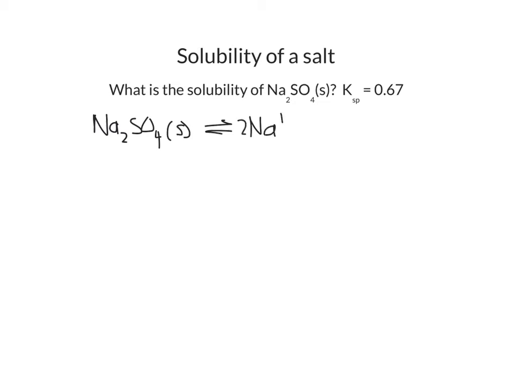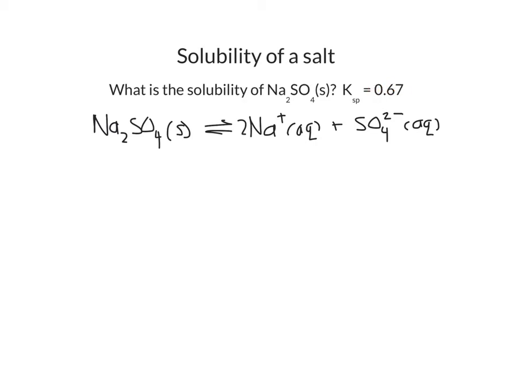So we're going to make 2 sodium plus ions plus a sulfate 2 minus ion in solution. And we know the equilibrium constant for that reaction is 0.67.